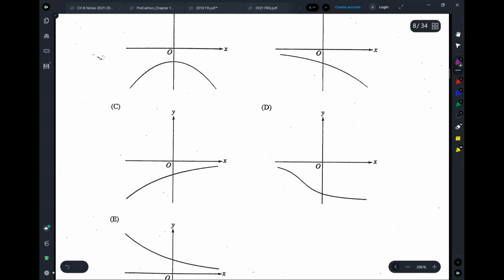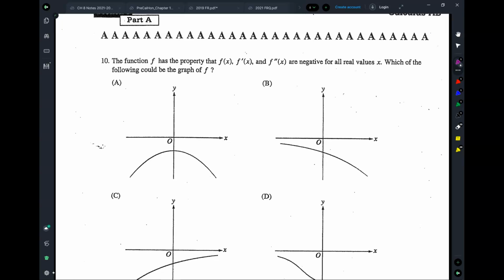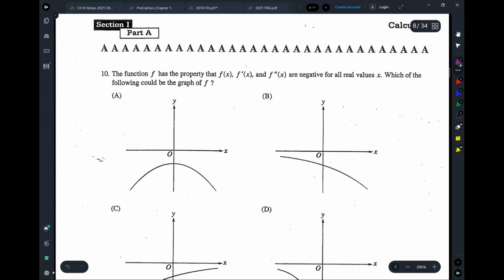So this next page, these are pretty common. The function f has a property that f of x, f prime, and f double prime are all negative for all real values of x. Which of the following could be a graph of f? Before I even look at this one, because that'll make my head spin, I think to myself, what does each of these things mean?